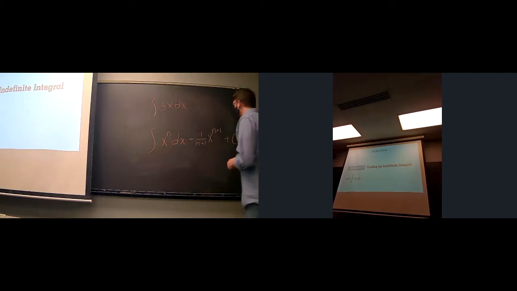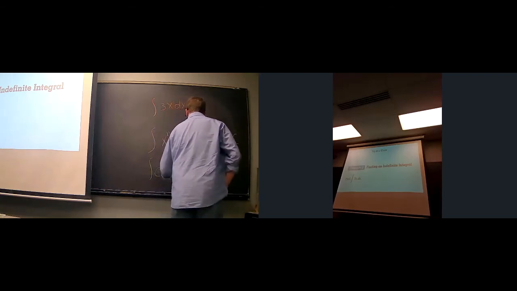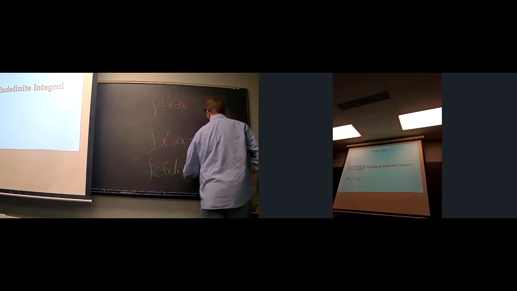We also had another rule that told us the integral of c times a function with respect to x is going to be equal to c times the integral of f of x with respect to x.